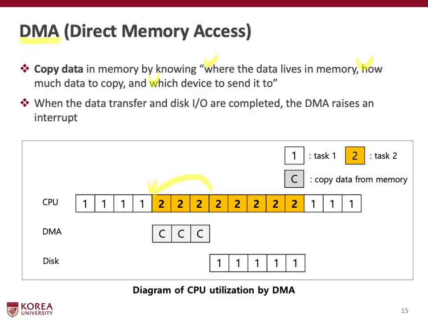When the transfer and I/O operation are finished, the DMA controller sends an interrupt to notify the operating system at this point. Then task 1 can be resumed again, like this. So by doing so, we can improve CPU utilization, especially for large data transfers. This is the strong point of using DMA.